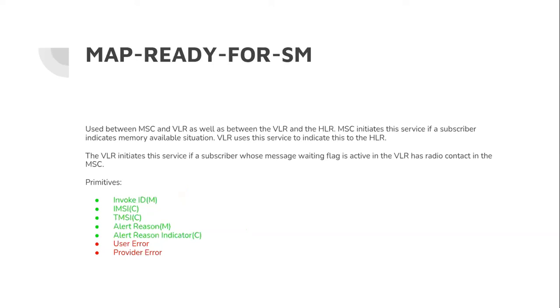And the primitives here include the invoke ID, the IMSI, the TMSI, the alert reason, the reason why you think you're ready, and the alert reason indicator. Part of the mandatory fields is just the invoke ID and the alert reason. The IMSI, TMSI, and alert reason indicator are conditional. So part of the response, user error and the provider error, is always there.